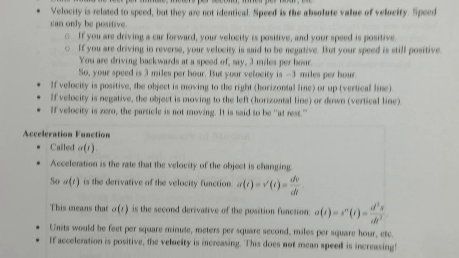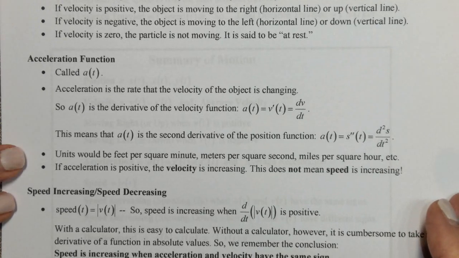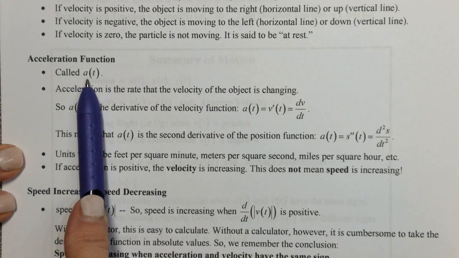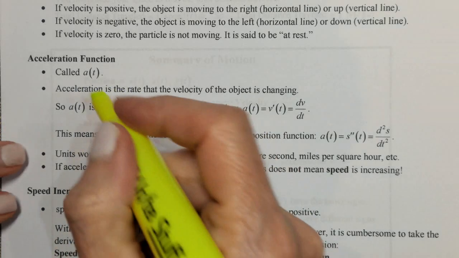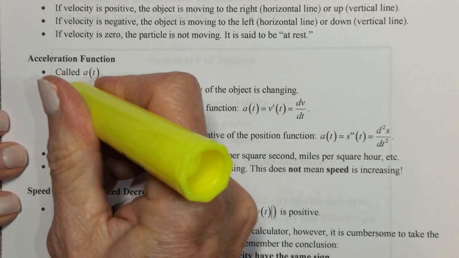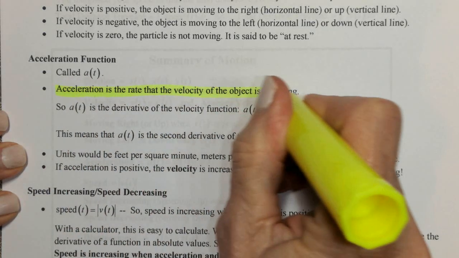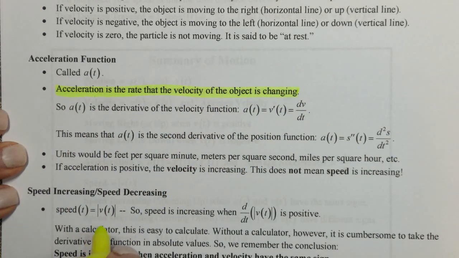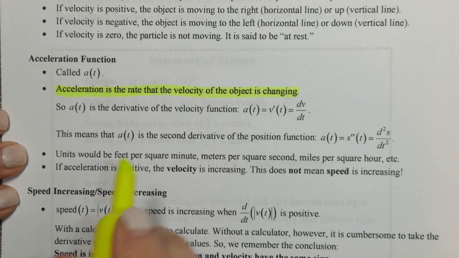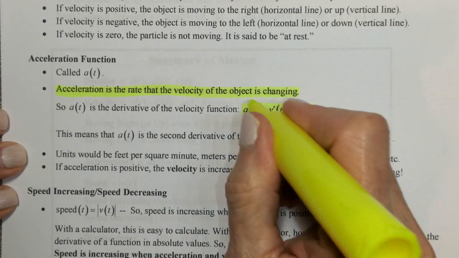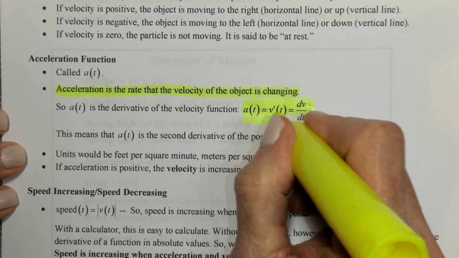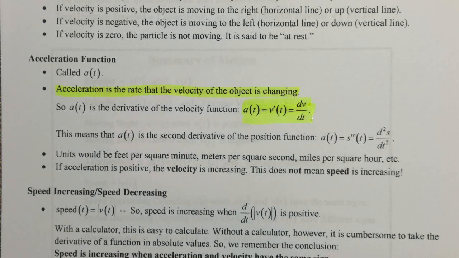Next up, acceleration. Acceleration is called A of t. And acceleration is the rate that the velocity is changing. So A of t, the acceleration, is the derivative of velocity, which means that A of t is dv dt.